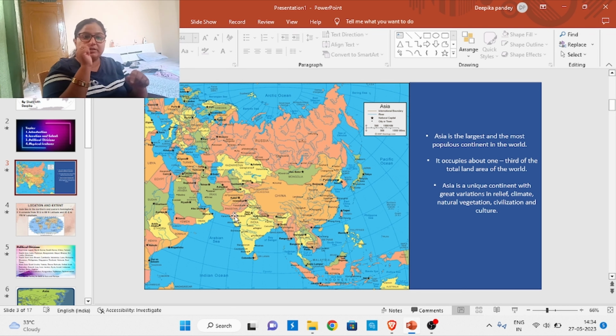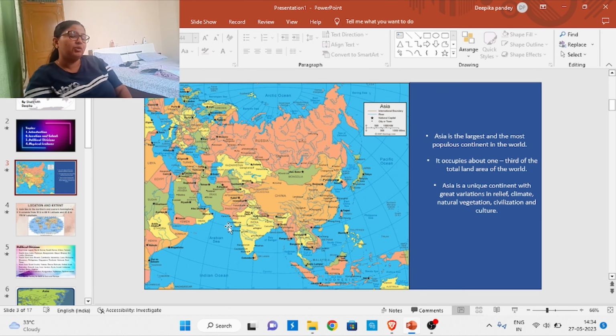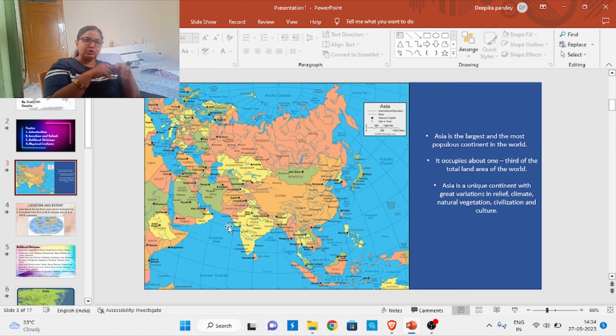On the same continent, there is a place, Jacobabad in Pakistan, where a temperature of 50 degrees Celsius has been recorded. So one continent, but huge extreme variation of temperature. OK, this is the second point.